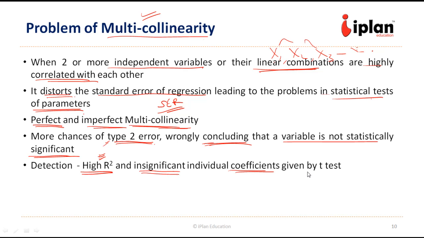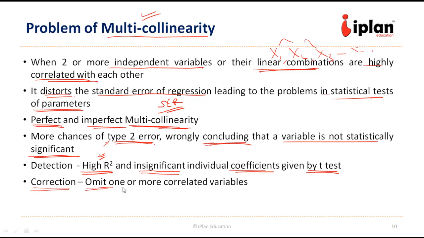We are doing the t-test individually for all the independent variables, which says that none of them is statistically significant. So that says there is a possibility of multicollinearity in that model. Now what is the correction mechanism? We can simply omit one or two variables which are correlated.